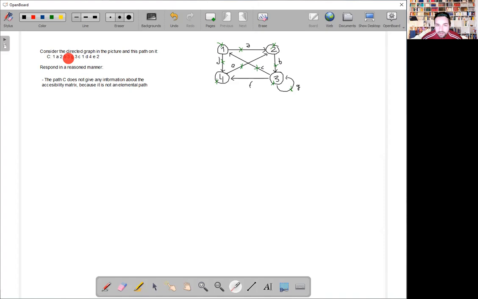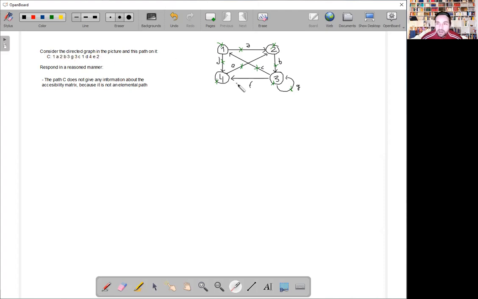Then the third is accessible from the second and from the first, and like that. So we could see some information about the accessibility matrix. Probably not all the information because this is only a path in the graph.